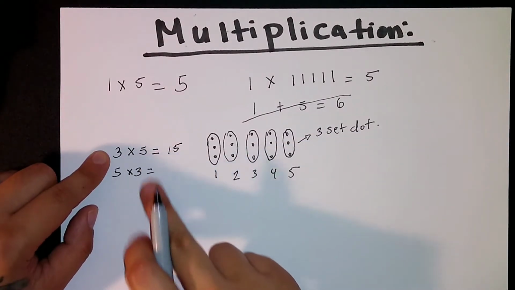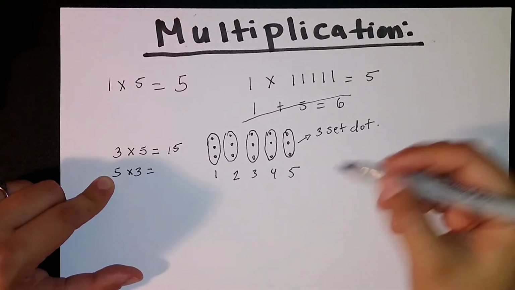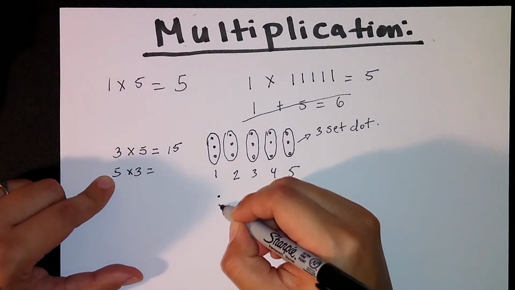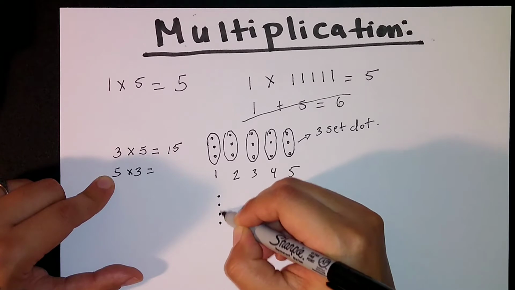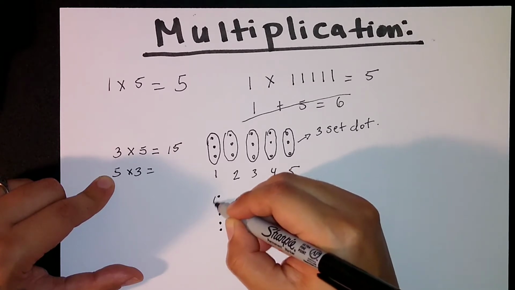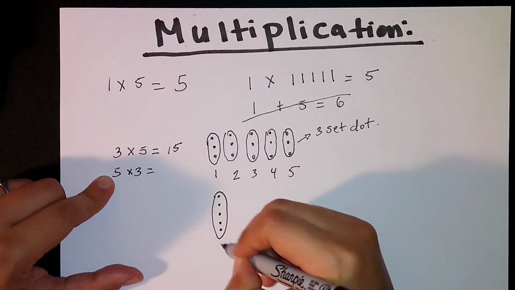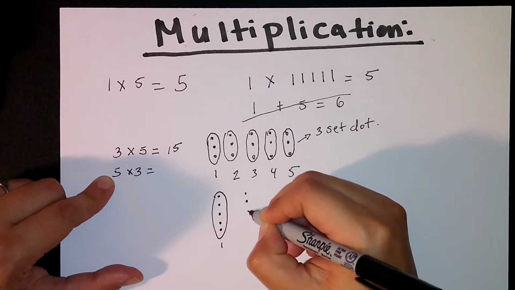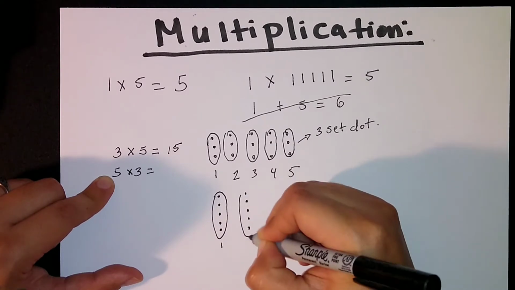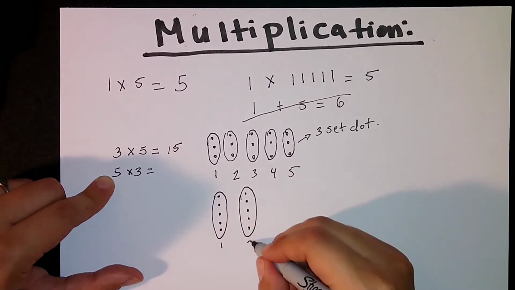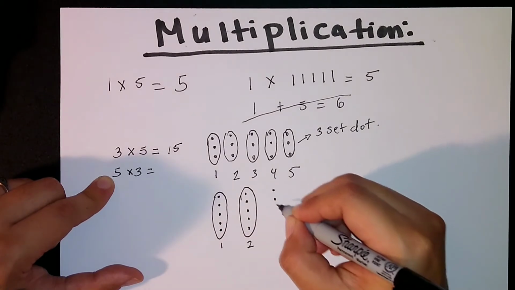Also, the other way that we can do multiplication is 5 times 3. If we switch the numbers around, it will be a group of 5 dots. This is group 1. 1, 2, 3, 4, 5. This is group 2. And another group of 5.